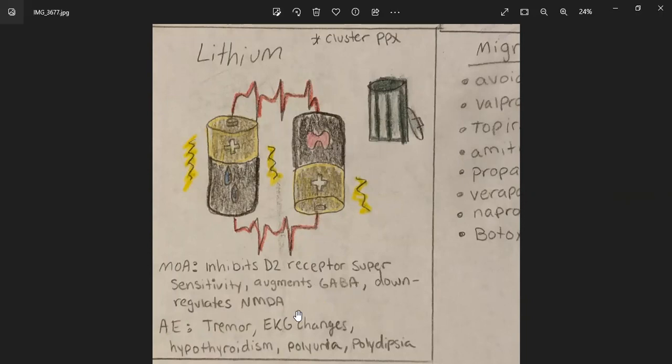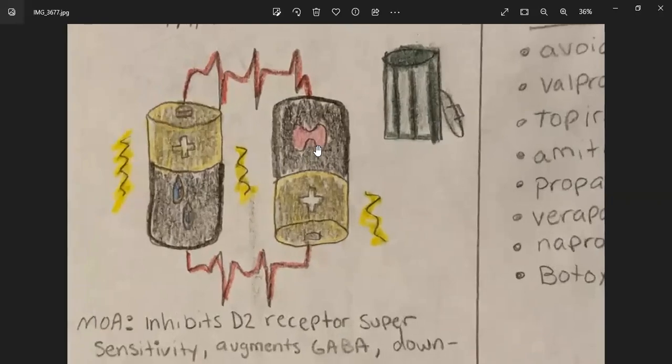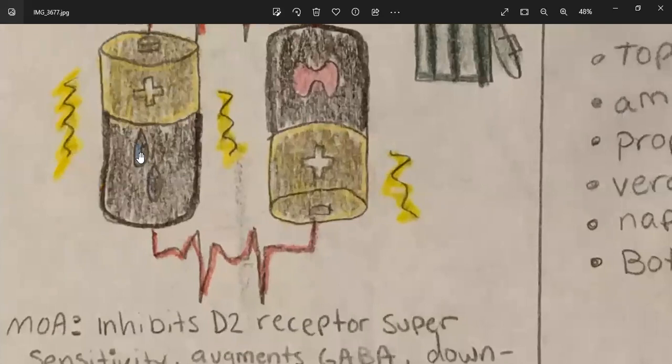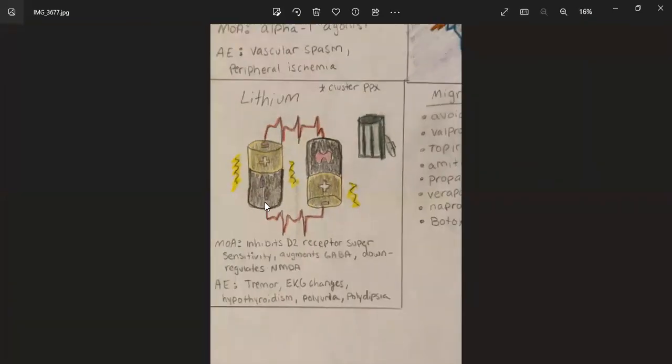Adverse effects are tremor, which is shown by these squiggly yellow lines, EKG changes, which is shown with these red lines, hypothyroidism, which is why there's a thyroid on the battery, and then polyuria and polydipsia. So just have some extra water droplets going on here.